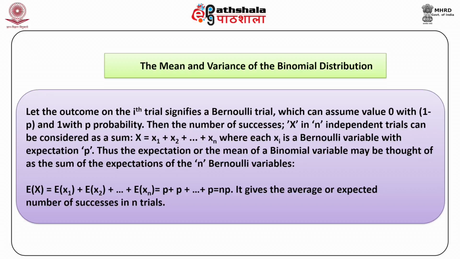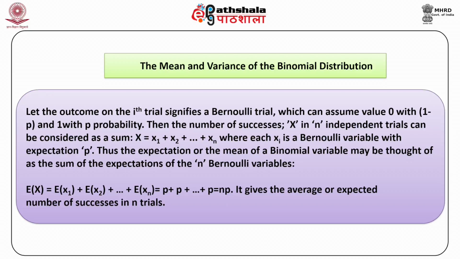Thus, the expectation or mean of a binomial variable may be thought of as the sum of the expectations of the n Bernoulli variables. Hence, we are saying the expected value of capital X is equal to the expected value of x1 plus x2 and so on up to xn. And therefore, it is equal to p plus p and so on, which is np.